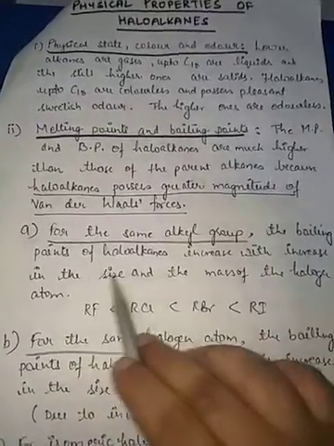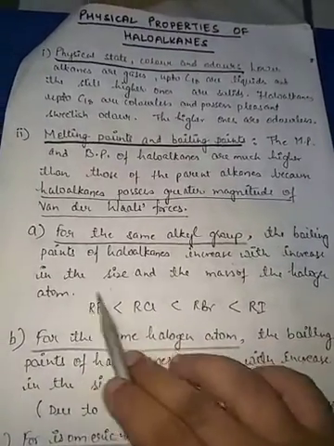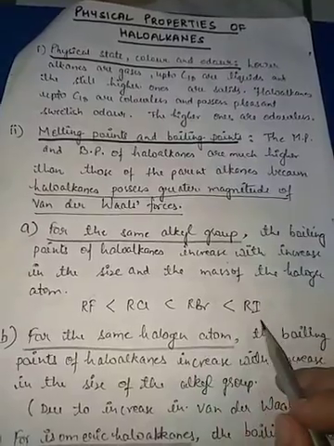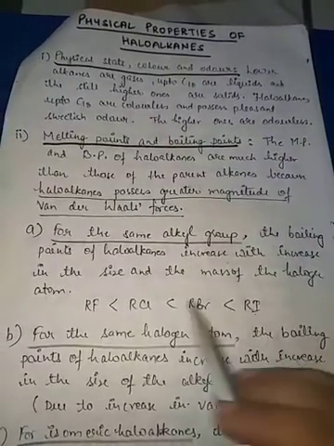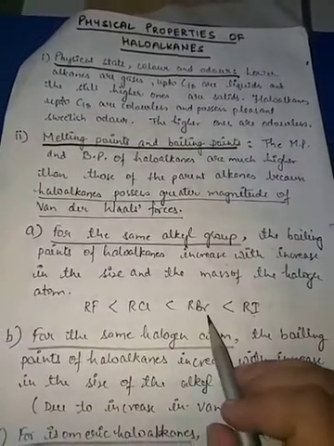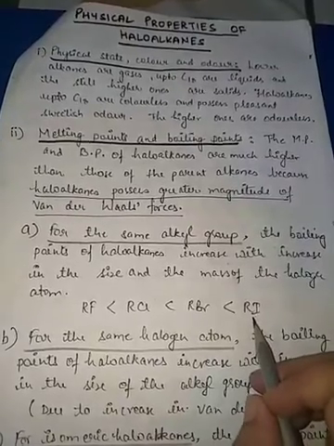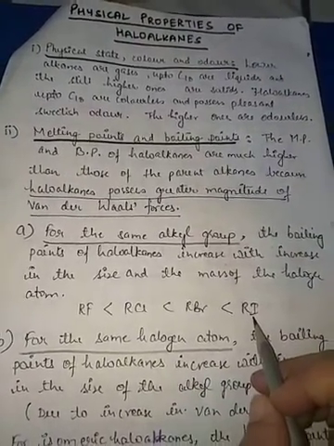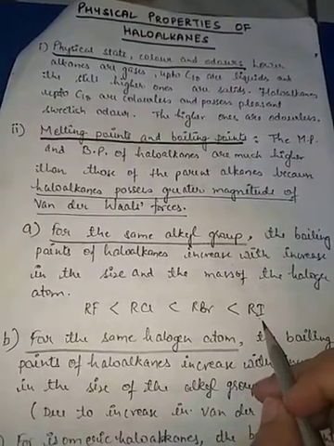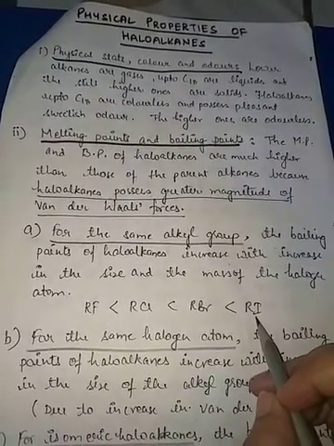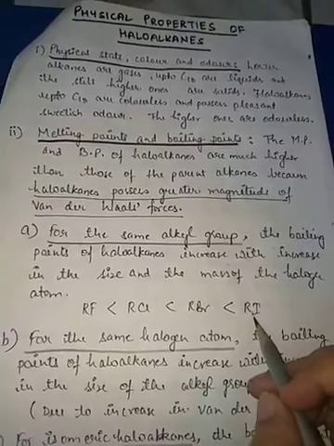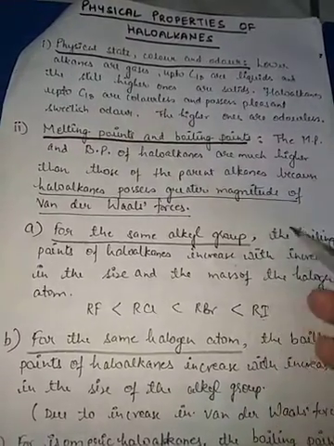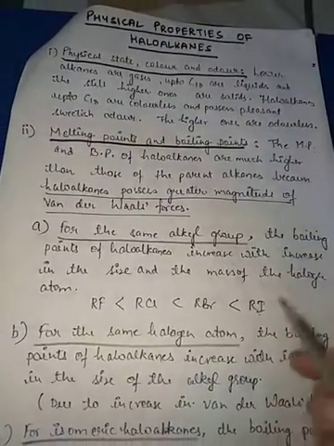The boiling point of the haloalkane increases with increase in the size and mass of the halogen atom, and we know that out of chlorine, bromine and iodine, iodine has the largest atomic size, and obviously mass also. So this haloalkane will have the largest size, and that's why it will have the higher boiling point.